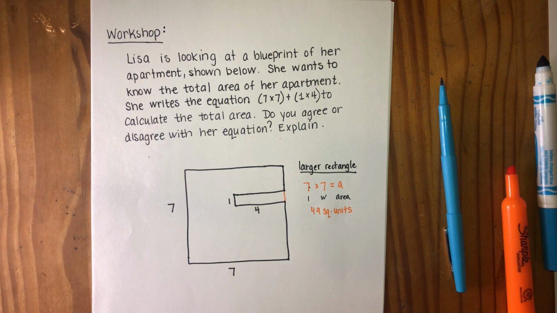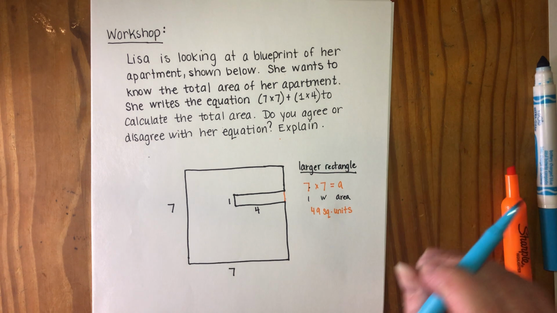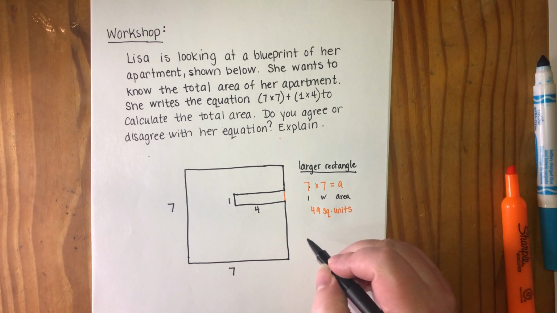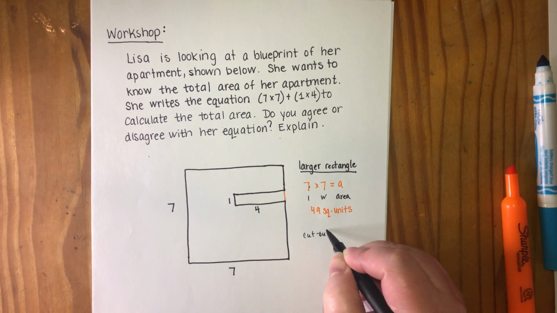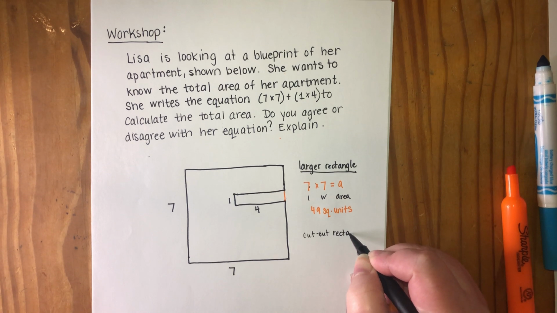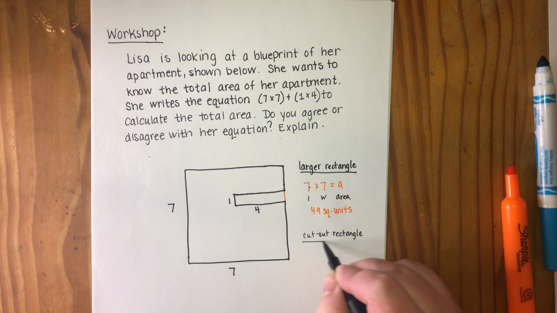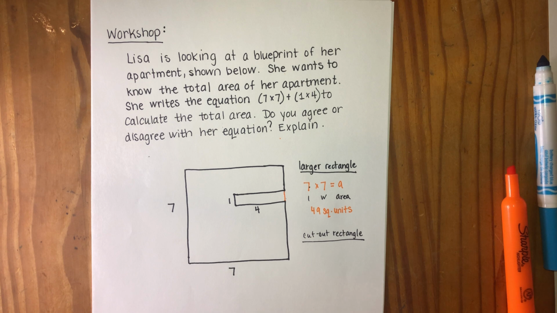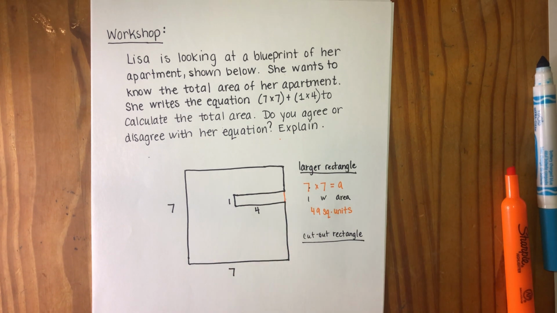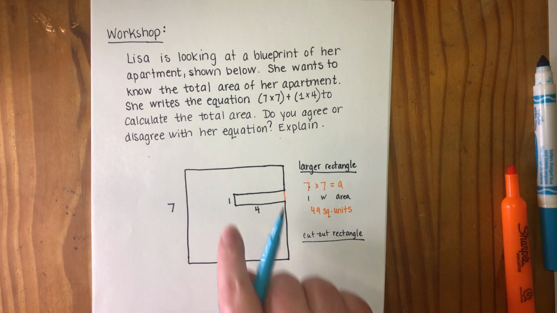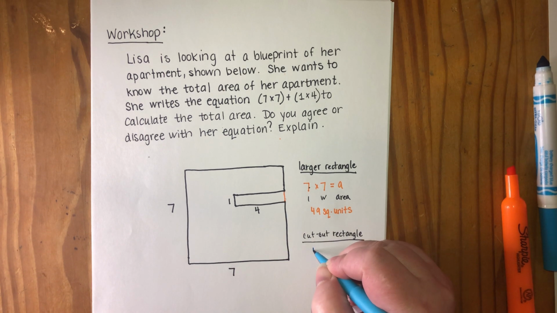That's correct. We can find the area of the cutout rectangle by multiplying the length and the width. What is the width of this rectangle? Correct. The width of this rectangle is 1 unit.